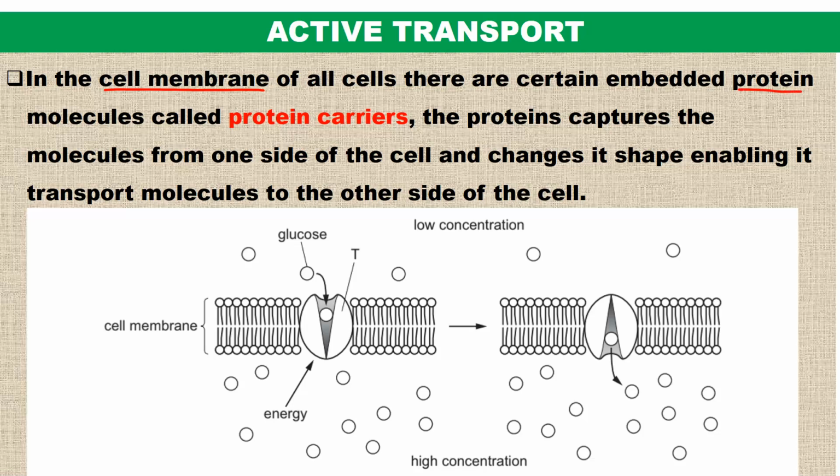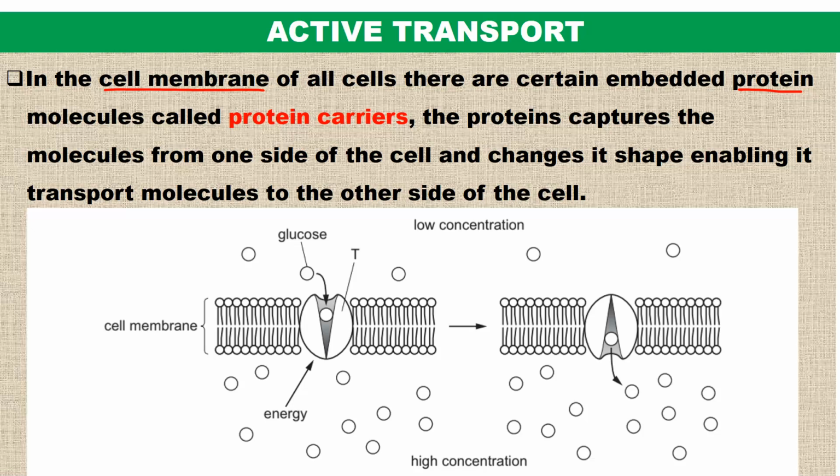These proteins carry the ions and glucose, and are called protein carriers. In the cell membrane of all cells, there are protein molecules called protein carriers, and they capture the molecules from one side of the cell and change shape, enabling them to transport the molecule to the other side. That is how active transport works.